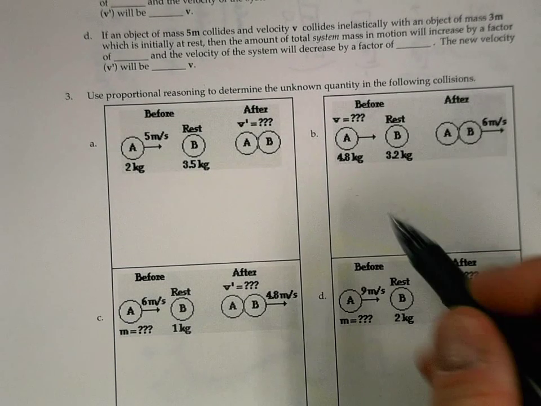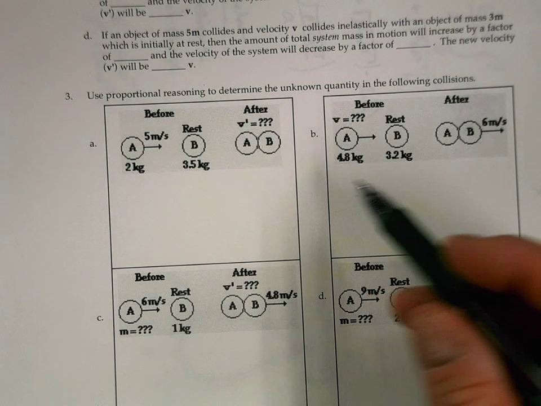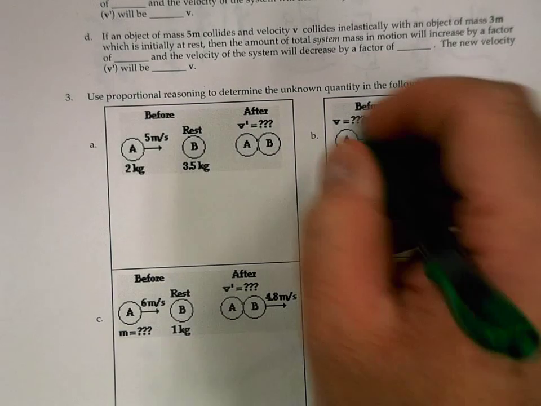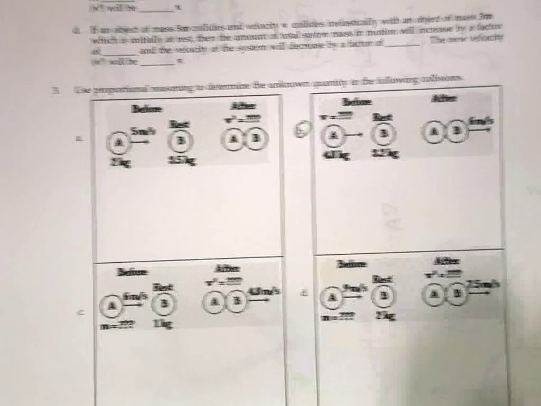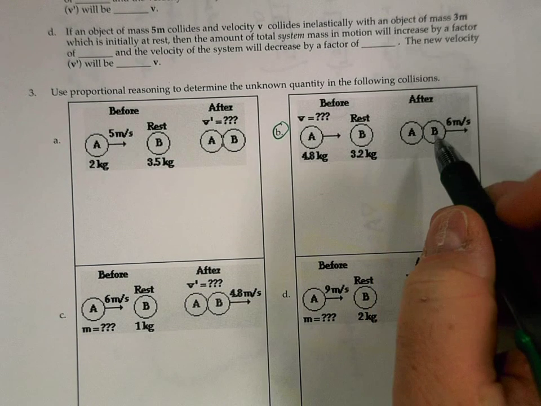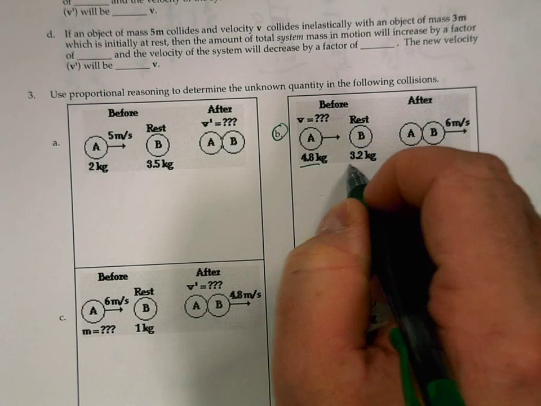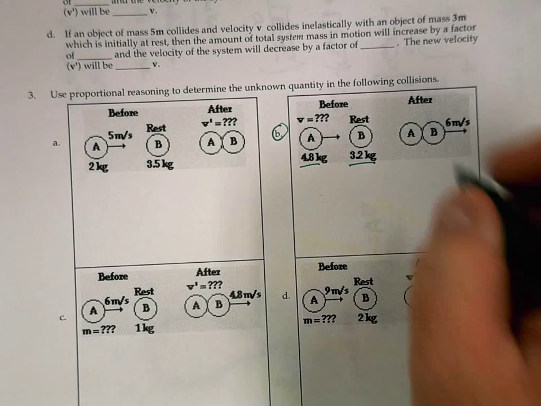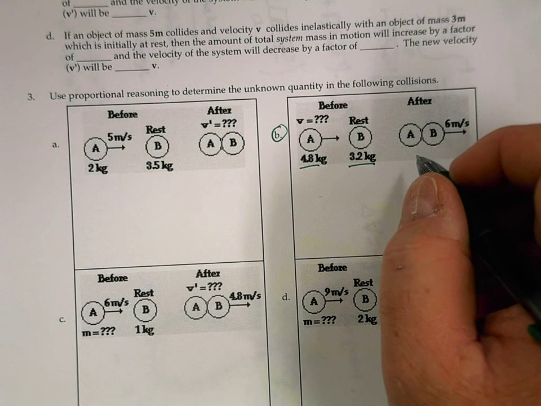Okay, and this one is just like the earlier ones we had. I'll do this one because it looks a little different from others. We've got a mass of 4.8 and a mass of 3.2 here.